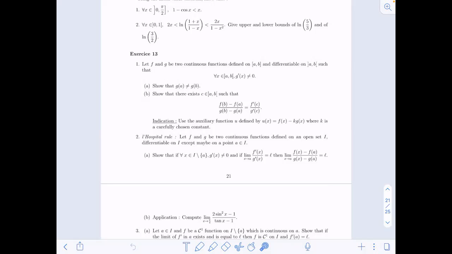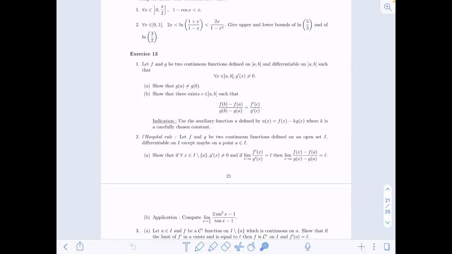Now, does this type of reasoning make you think of any result that you know related to a link between g'(x) being equal to 0 and g(a) being equal to g(b), for example? I think that there is a c in (a,b) so that f'(c) equals (f(b) minus f(a)) divided by (b minus a).